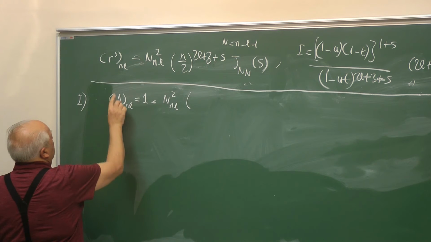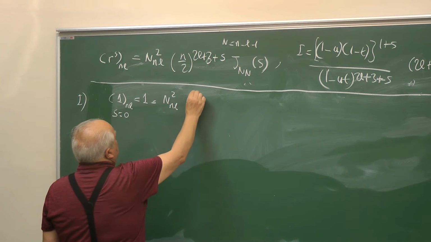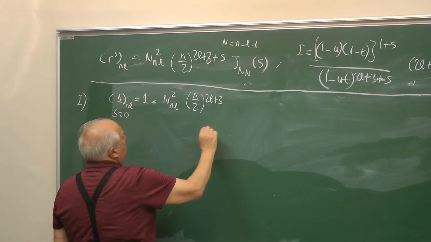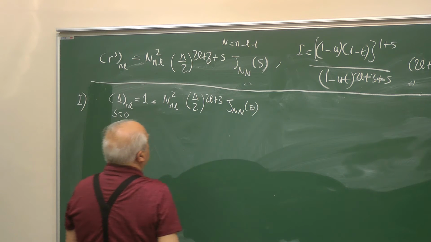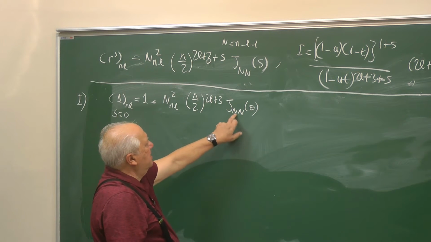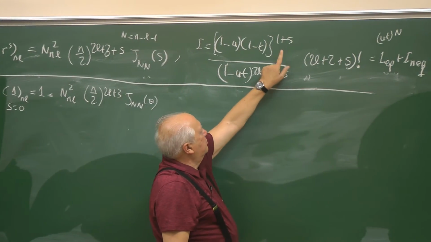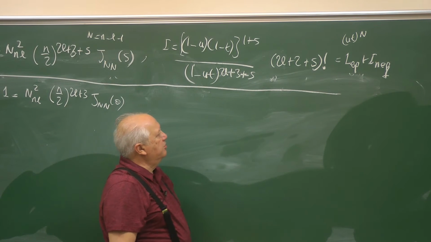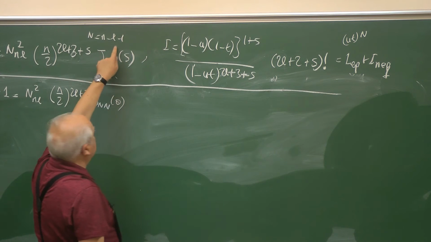By the way, that means S equals 0. This is n over 2, (2L plus 3) J_n0. So all we have to do is to find J_n. We write this general form, insert S equals 0, expand, look at the equal powers of UT, and then pick that power, which is n minus L minus 1.